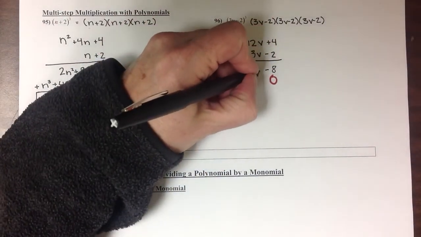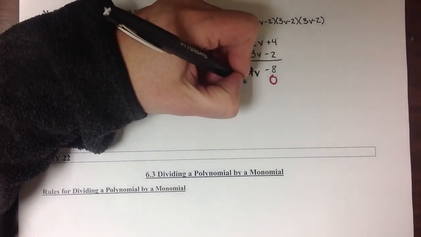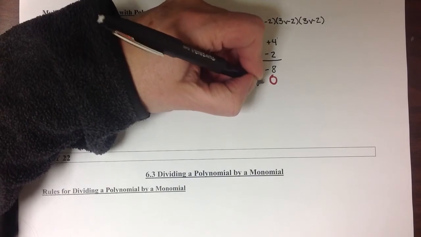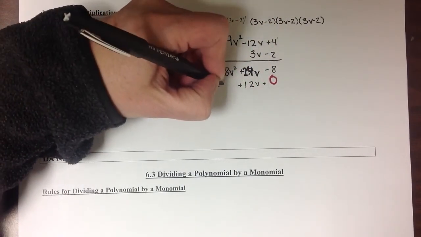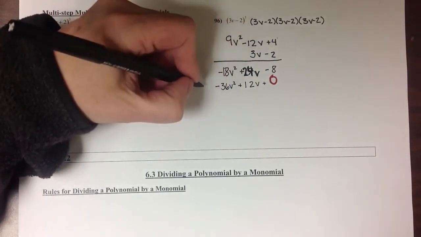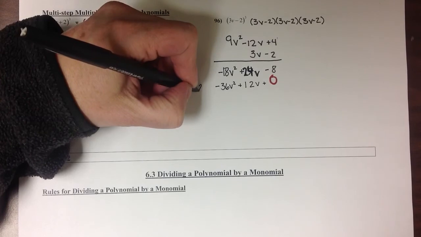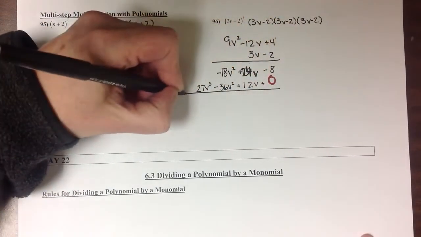Make that look more like a v, less like a y. There we go. And then 3 times 4 is going to give me 12v, a negative 36v squared, and a positive 27v cubed.